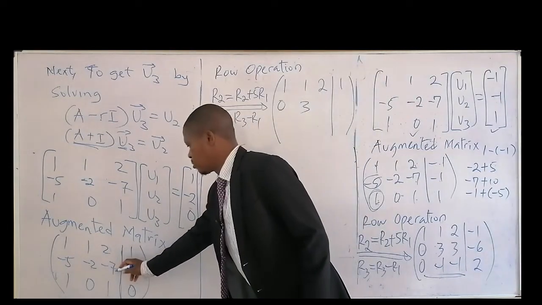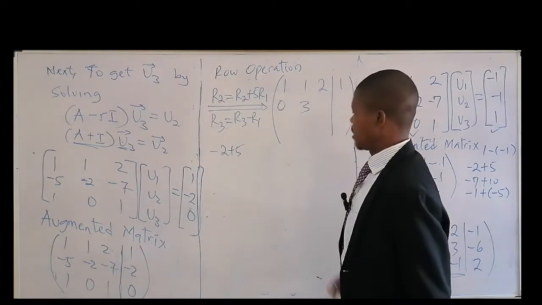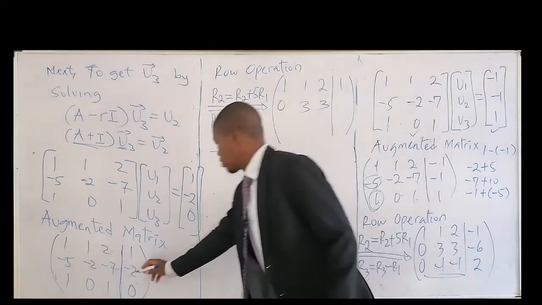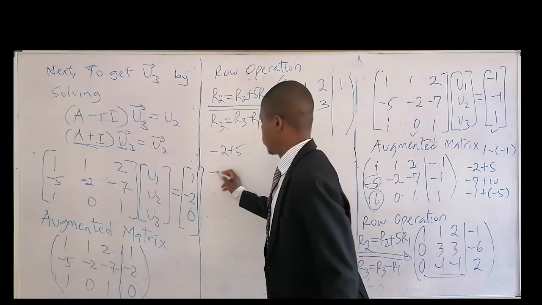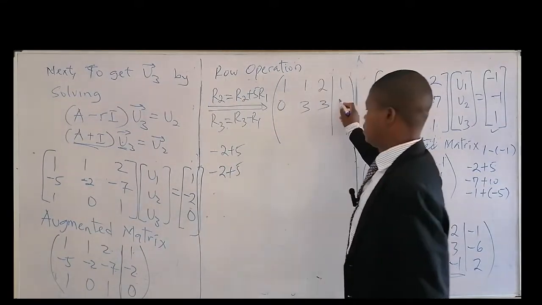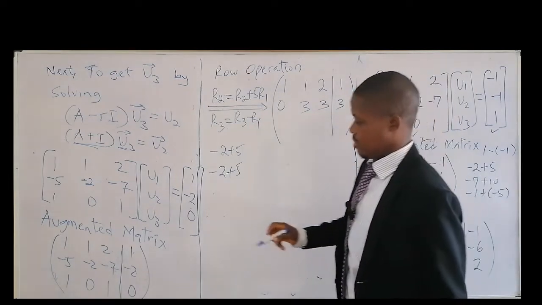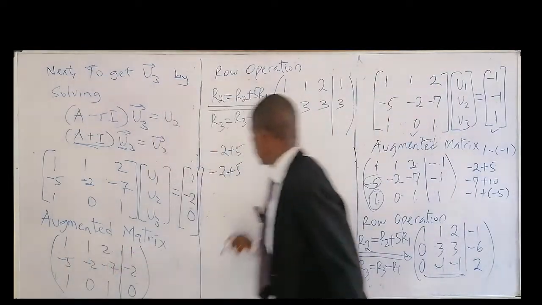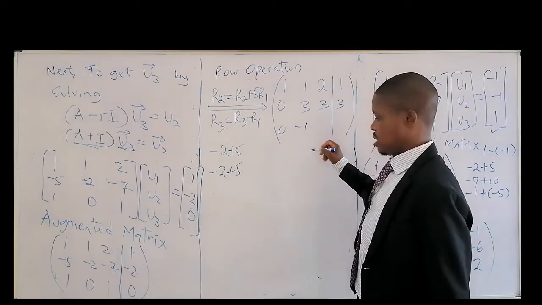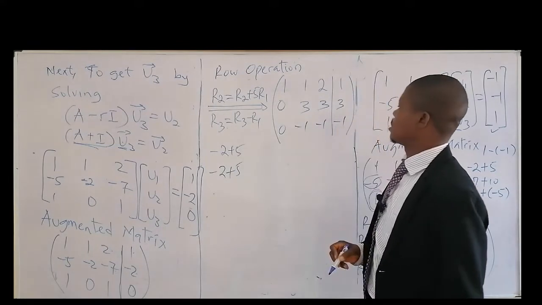Here is minus 7, and then times this one times 5, that's a 10, so this is also 3. Here also is a minus 2 plus 5. So this is also 3. 1 minus 1, that's 0 here. We have minus 1 here, and then we have minus 1 here. We have minus 1 here.